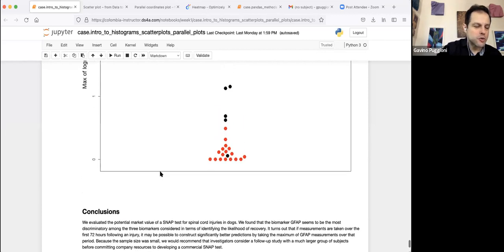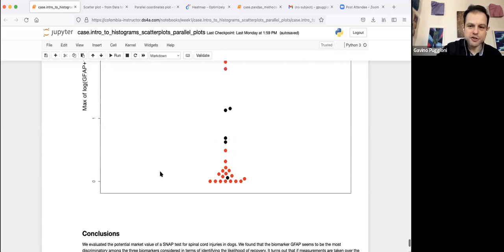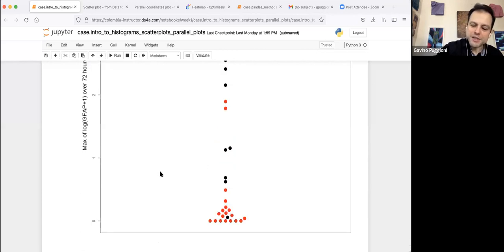Before we go into the takeaways of data visualizations in general, let's spend a few moments saying, okay, if we would provide a recommendation to the company in terms of how to design a larger study, let's try to identify what are the first 5 key features that we would like to expand the study, or what do we want to see in the study.